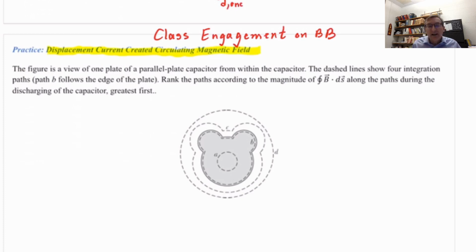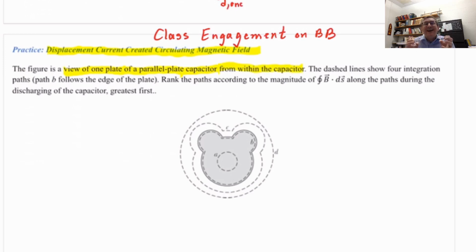All right, now it's really important to be clear what we're looking at here, because it looks a little odd perhaps to you. What this figure is showing is a view of one plate of a parallel plate capacitor. That's the shape in gray. Yes, it looks like Mickey Mouse. They're just kind of being whimsical here. It's one plate of a parallel plate capacitor, and you are looking at it from a vantage point of being between the plates.